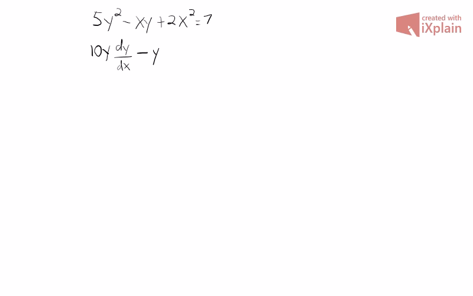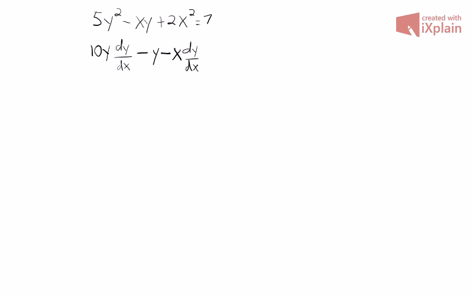Okay, and then normally with the product rule it would be plus, but since we have this minus, we will say minus the derivative of the second, which is 1, times the first, which is x. And since we took the derivative of y, we multiply that by dy over dx. Okay, so there's the derivative of the minus xy.